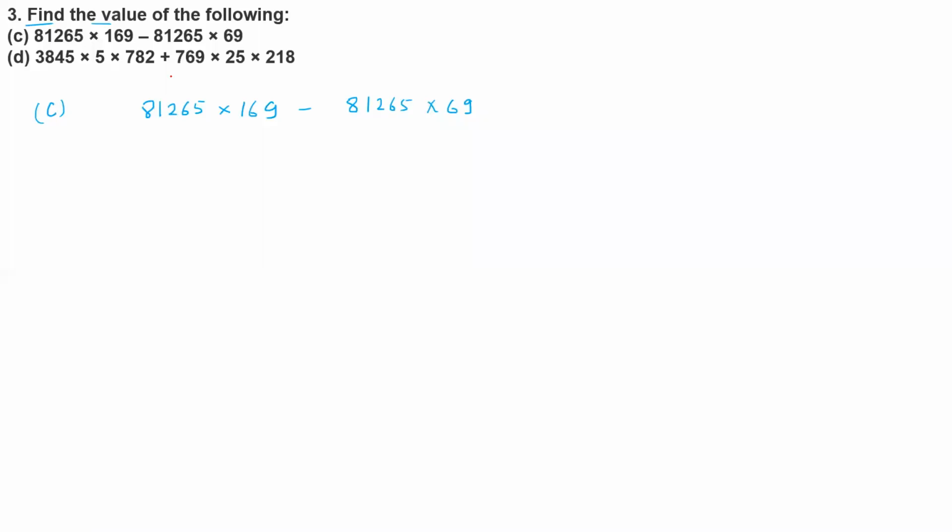As you can see, this number is common, 81,265. So I will write 81,265 outside the bracket, and then inside the bracket 169 minus 69. So 81,265 multiplied by 100.